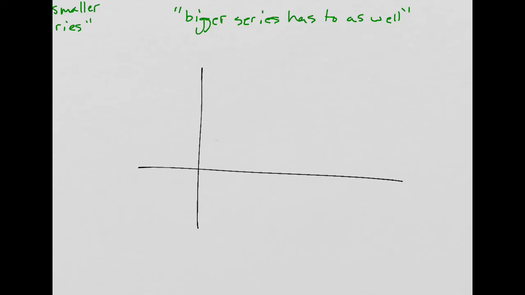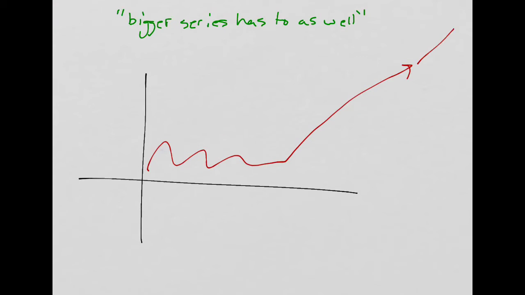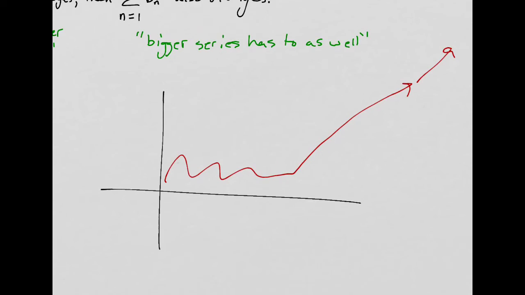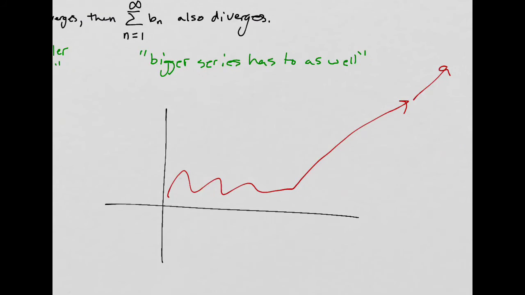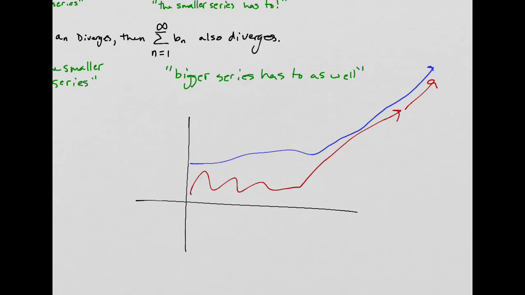It does whatever it wants, but I know that eventually it diverges, and it just goes up and up and up. If I already know that B sub n is bigger, it's like the red one is pushing the blue one to also diverge. Because if the smaller one diverges, and there's a bigger one for every n value after that, then the bigger one has to diverge as well. It's like it's pushing it upwards. That's how I think of it, at least.